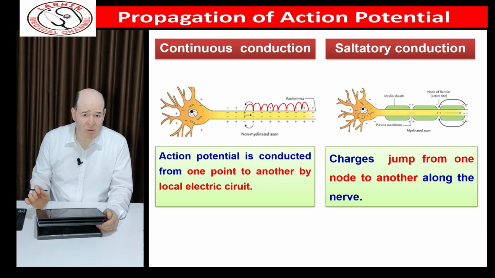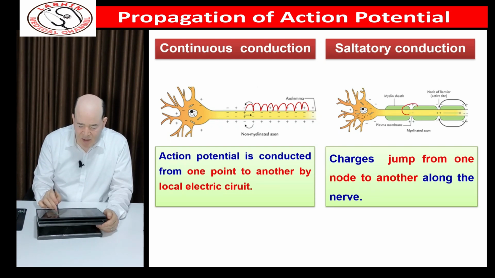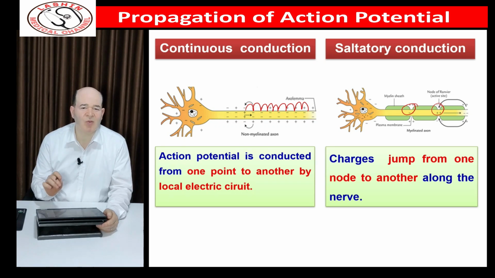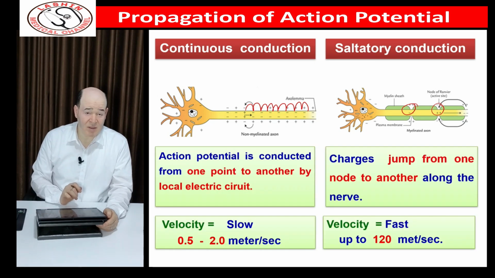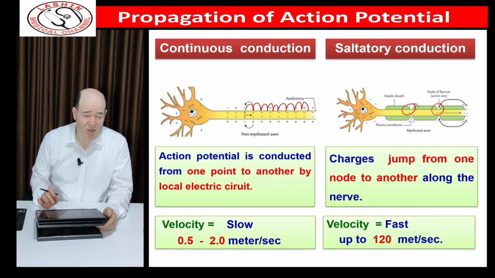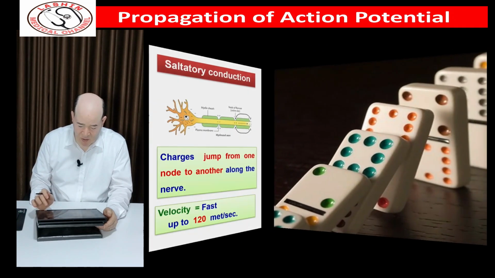However, in saltatory conduction, the process of depolarization is restricted only to nodes of Ranvier, so it consumes less energy and it is much faster. The velocity in the continuous conduction is from half to 2 meters per second. However, in the saltatory conduction, it may reach 120 meters per second. It is very fast compared with the continuous conduction.